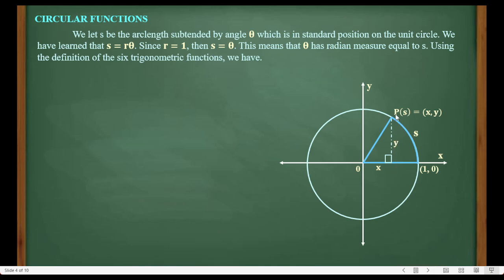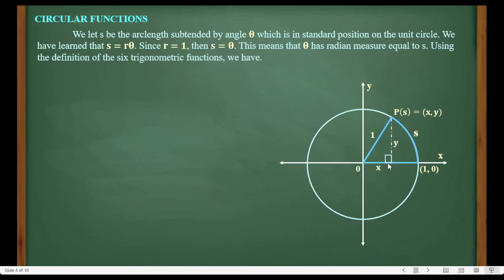And we know that this vertical segment is your y, and this segment right here up to this point is your x. And the hypotenuse is equal to 1, since we are talking about a unit circle, a circle having a radius of 1 unit. So this is 1.